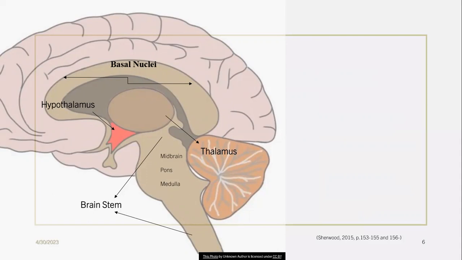A lot of the basal nuclei inhibitory effects are focused on the thalamus. It reinforces some muscle movements created by the cerebral cortex. So the inhibitory effect can be focused on the thalamus area.